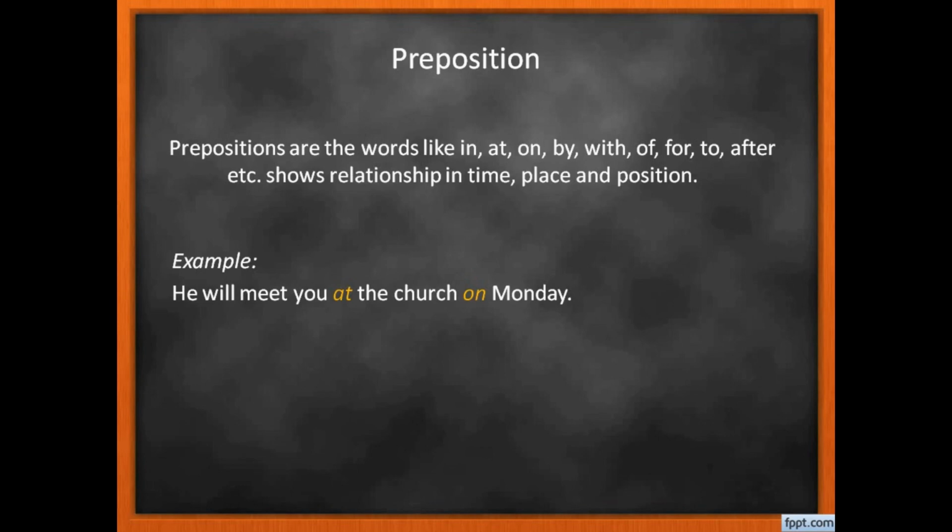The first preposition is at and the second preposition is on. The first preposition at shows place, where. The second preposition on tells about time, when. It's on Monday. So these prepositions show relationship in time, place and position.